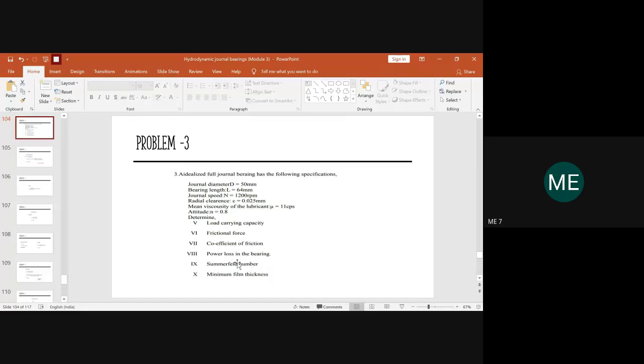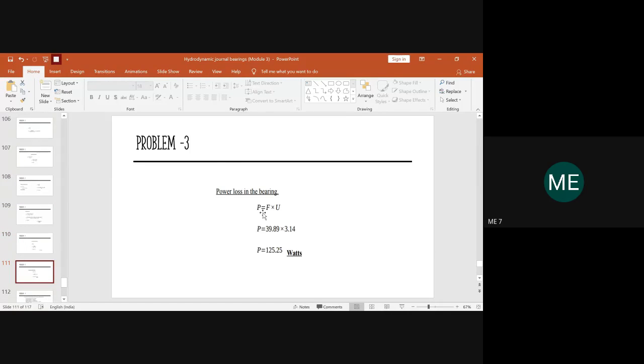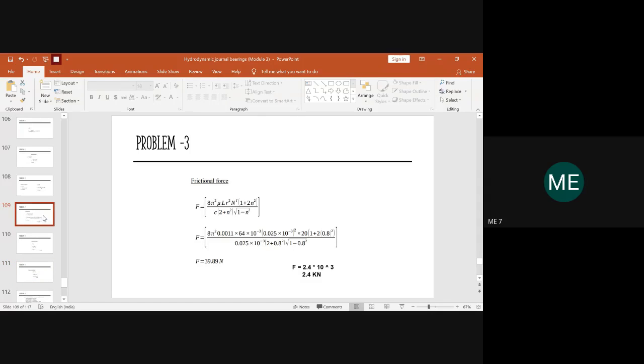Then they have asked us to determine the power loss. So what is the equation for the power loss? Power loss here is equal to the frictional force value into the velocity with which the journal is revolving. The frictional force value we got is 2.4 kilonewton.